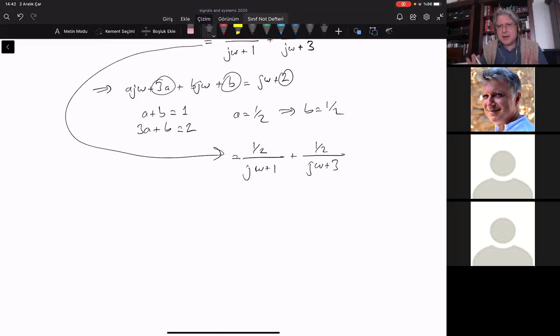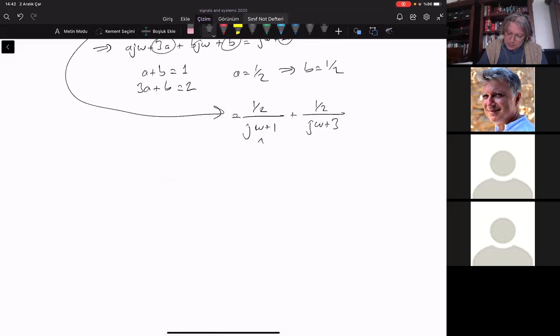I just simplified it into first order format, because from first order, I know the inverse Fourier transform. For example, the inverse Fourier transform of the first one is (1/2) e^(-t) u(t).